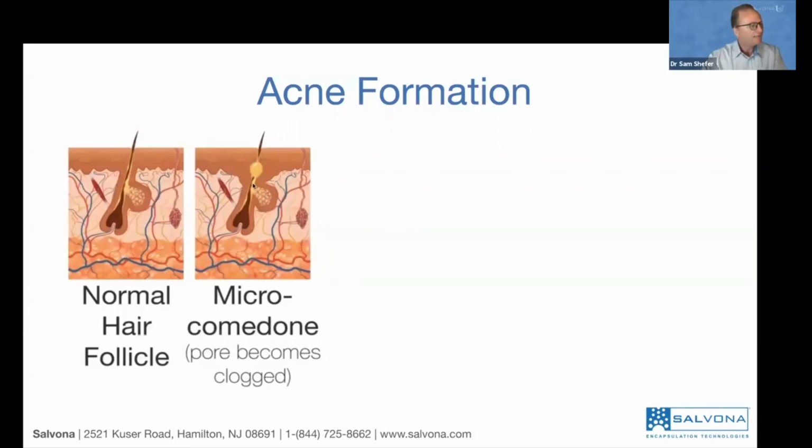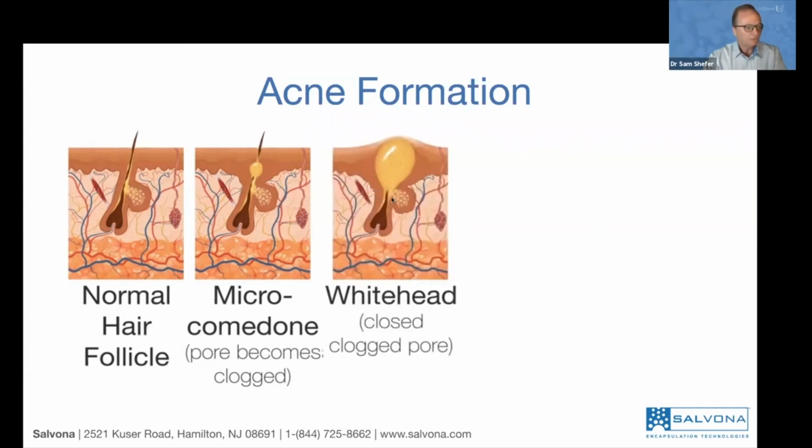When we have excess sebum plus other phenomena, for example, the cells in this area, wherever the hair is coming out of the skin, start to grow at a faster rate, we start to have a comedone. This is called the microcomedone. Gradually the pore is going to get clogged, and this leads to the next step, a whitehead.